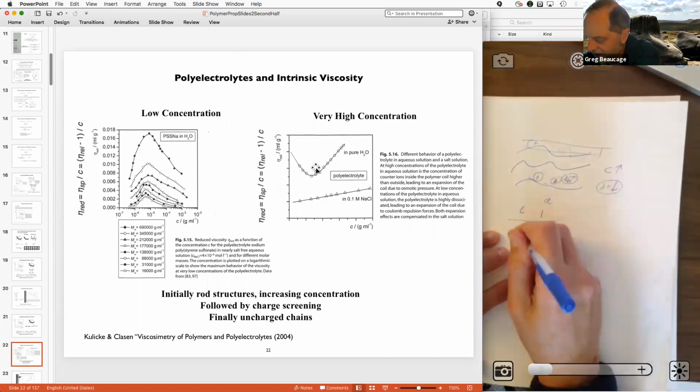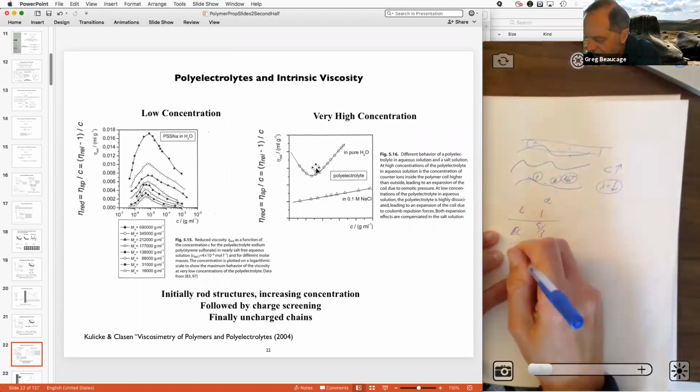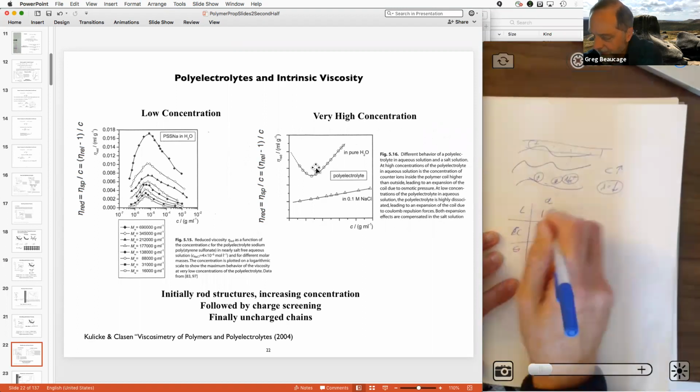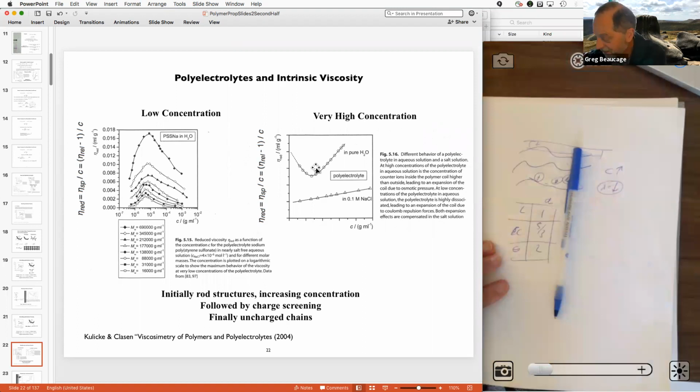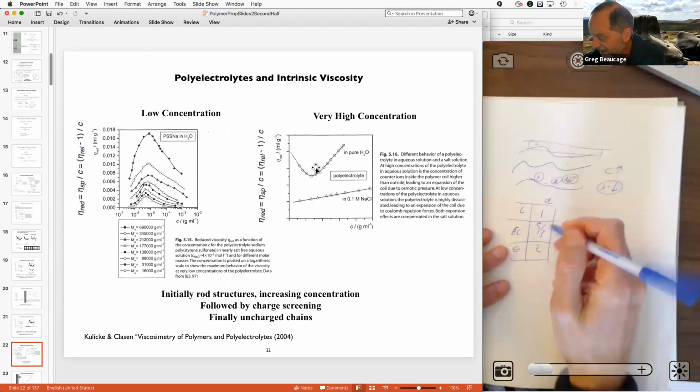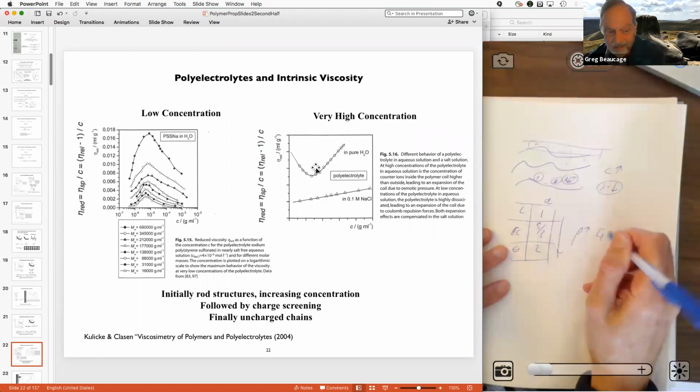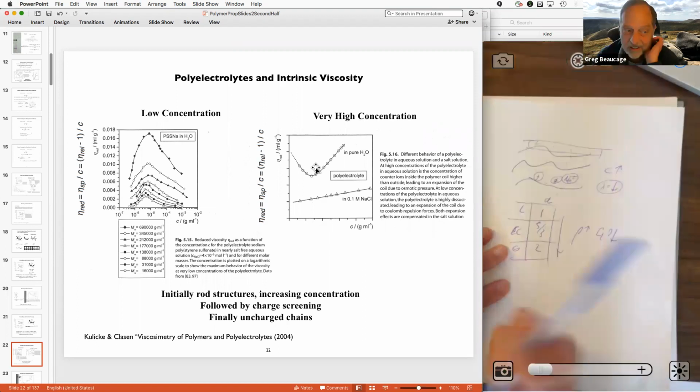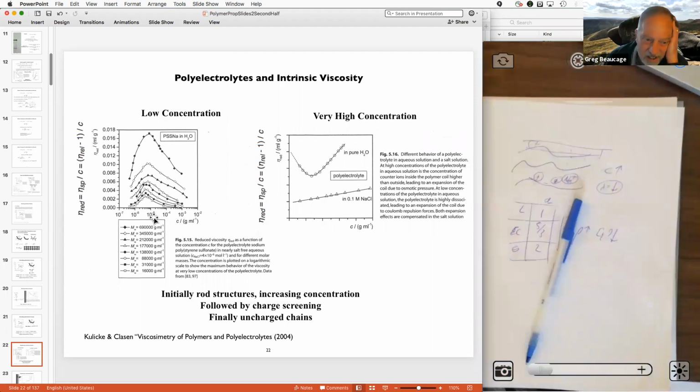So this is expanded coil and theta. You can go through that transition, so it becomes denser. So density goes up, so intrinsic viscosity goes down. You can kind of see that happening here. This is a log scale. This is basically like a Martin plot, right?